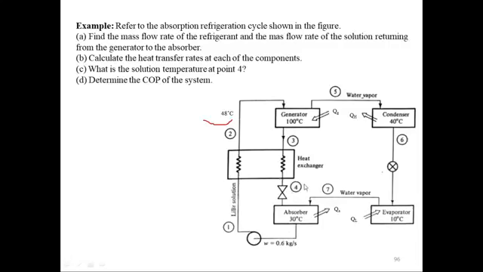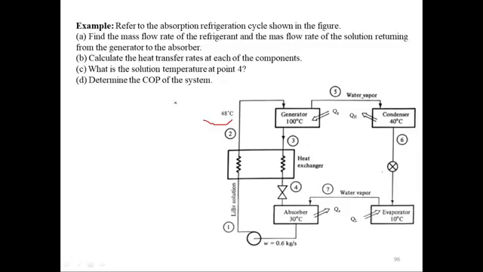Once we have determined the enthalpy of point 4, we can use that enthalpy and the solution concentration information to find the temperature at point 4. As we had done in the previous example, we do the energy balance of the heat exchanger, and then we can find it out. This will be a slightly different method, otherwise, if you look carefully, you will see that it is the same thing. Determine the COP of the system.